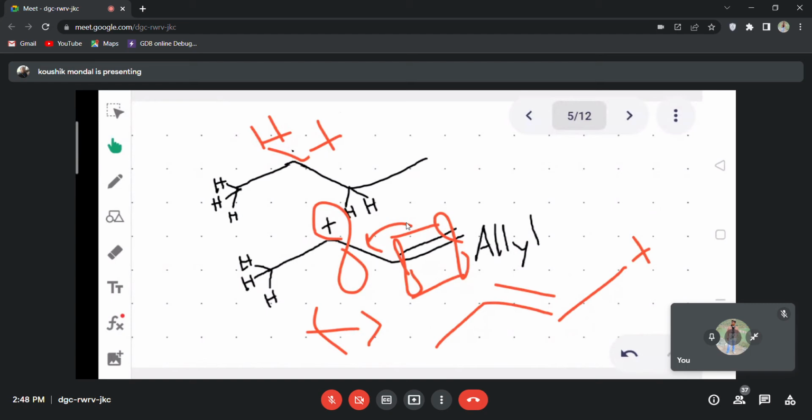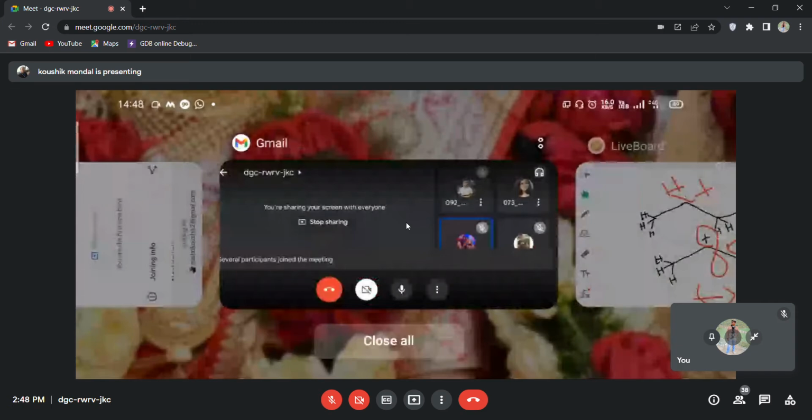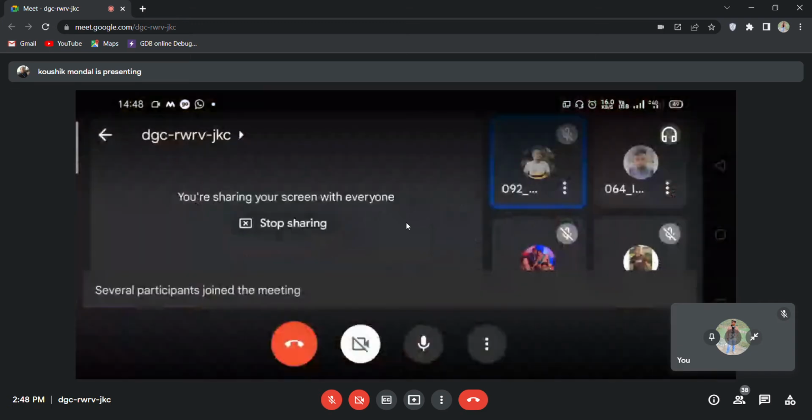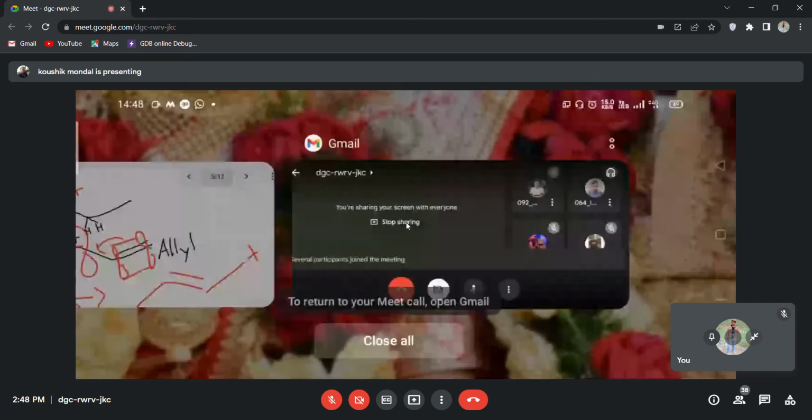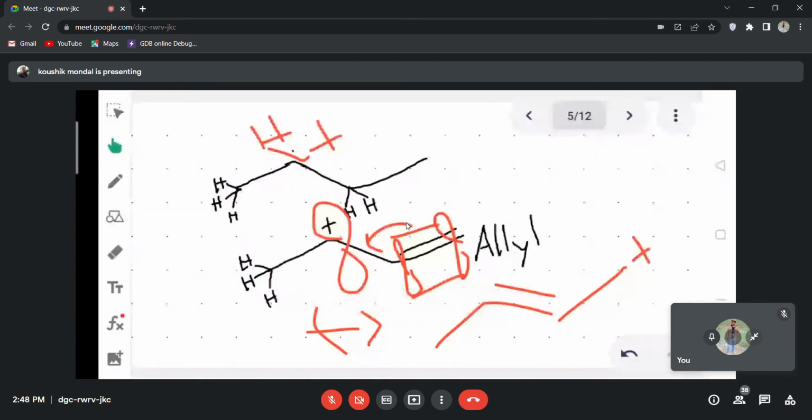You have heard about aromaticity previously. In aromaticity, there is also this type of effect; a similar type of effect is there.